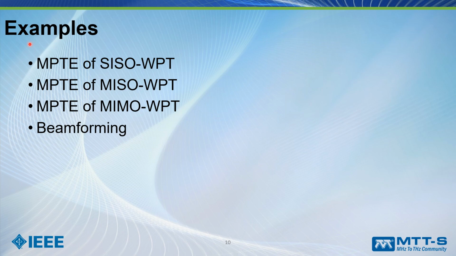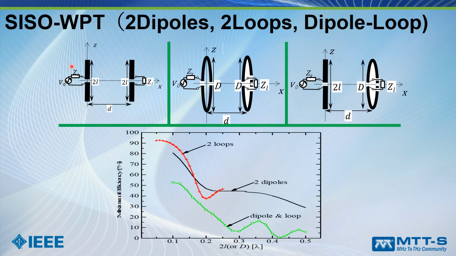I would like to show you lots of examples, such as how to calculate the MPTE of SISO-WPT, and also of MISO-WPT and MIMO-WPT, and also an example for beamforming. Because of the limitation of this presentation, I will go through my slide examples very quickly. Here is the SISO-WPT system. Here is the MPTE versus the size of the dipole and loop.